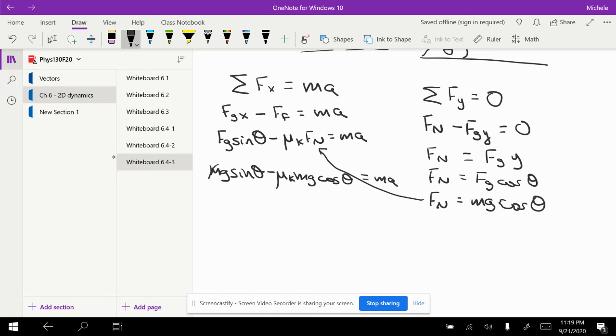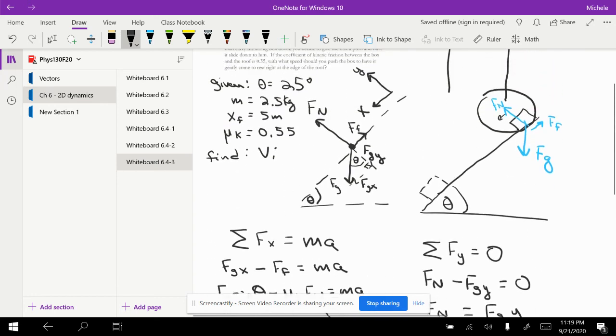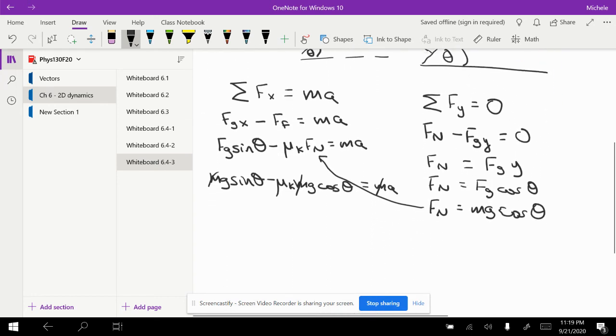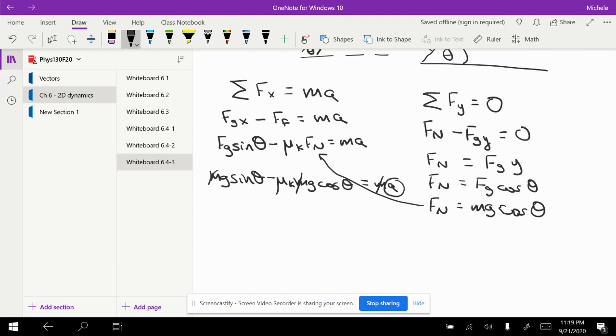All of my m's cancel. They're in all three components there, and I'm looking for v, so I really am trying to solve for a. So a is equal to g. I can factor the g out of the sine theta minus mu k cosine theta.